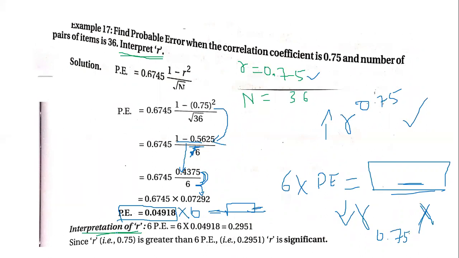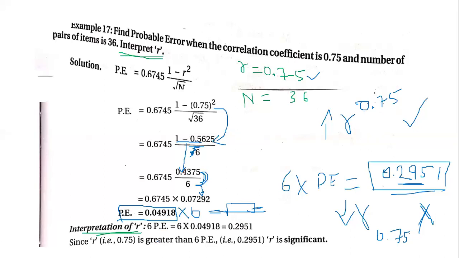Now let us do that interpretation. Interpretation of R: 6 into PE, that is 6 into 0.04918. I've multiplied this and I get 0.2951. Now, is 0.2951 more than R or less than R? If you see the values here, 0.75 is the greater one.